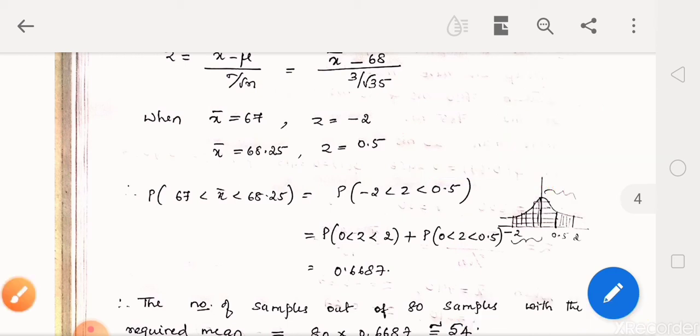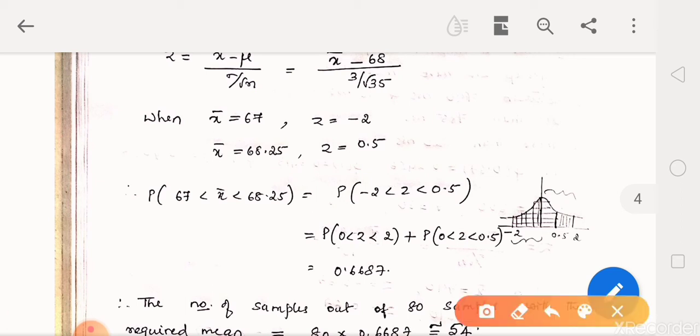So we want the probability when z is from 0 to 2 and along with that when z is from 0 to 0.5. The probability when z is from 0 to 2 is given by phi of 2. It is given. And the second one is phi of 0.5. That is also given. Substituting that, we will get 0.6687.